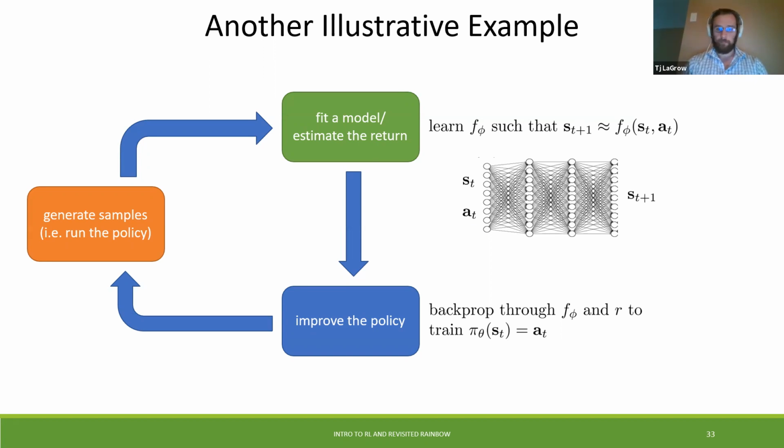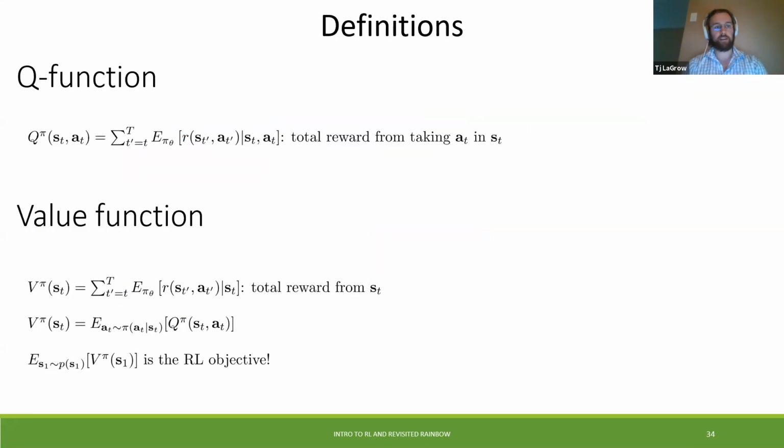And so going through defining the Q function, this is our quality function that we say given the policy of our state action pair. And so this is going to be the total reward from taking any action at time t in state t. And so it's the expectation given the policy of the reward function given the state action pair.